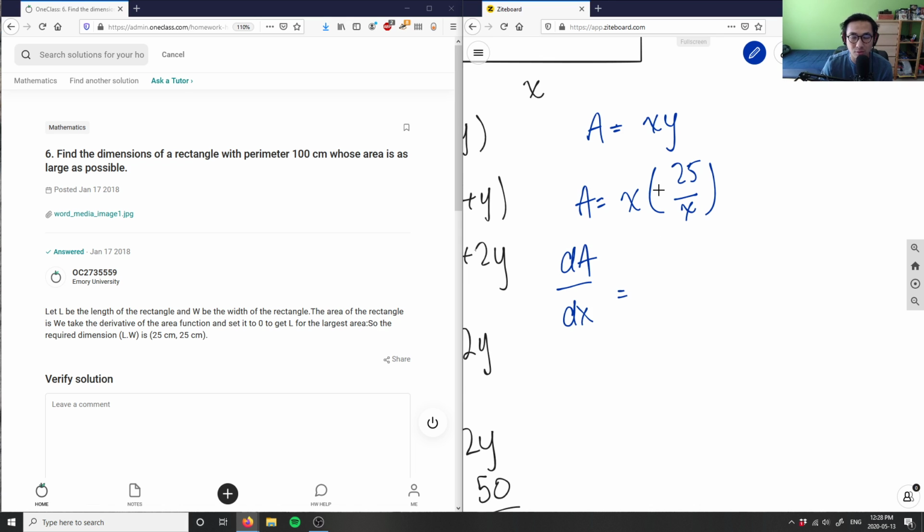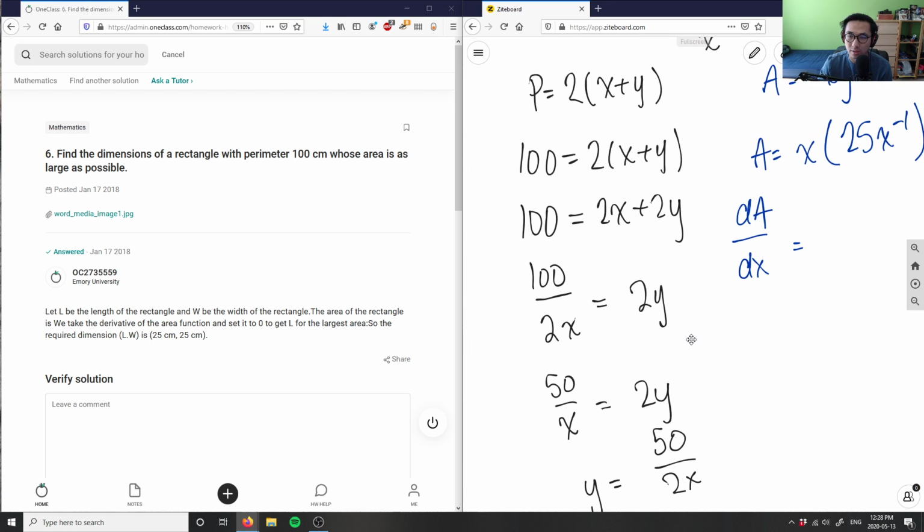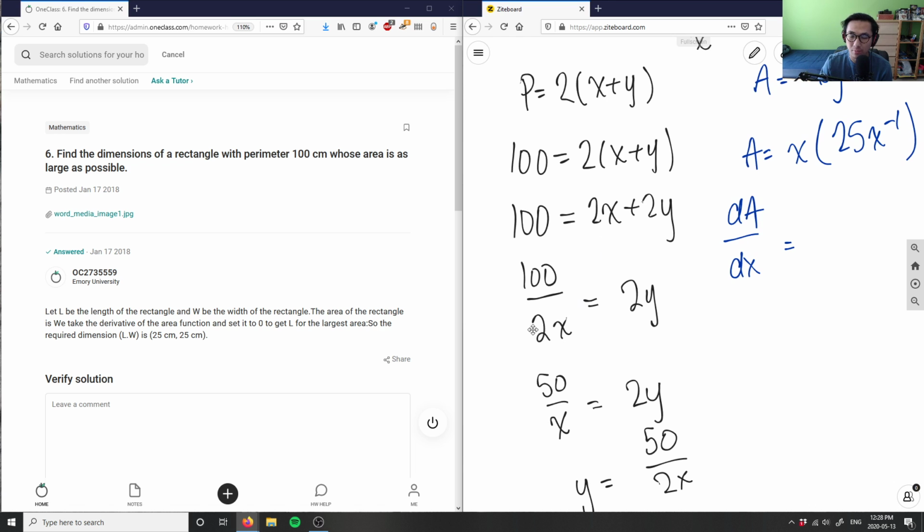So again, I'm using the product rule, and let me change this to 25 times x minus 1. It might be a bit easier for us to do our derivatives using this. Let me double check my work and make sure I have this right. I'm dividing both sides by 2x here. I get 50 over x, which is good.